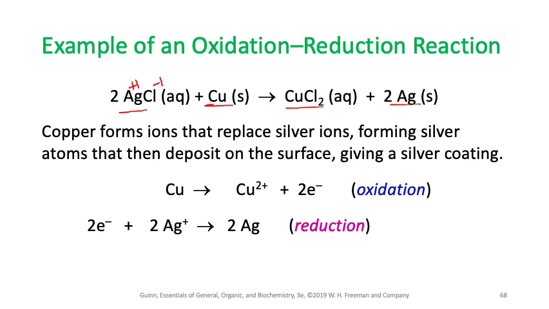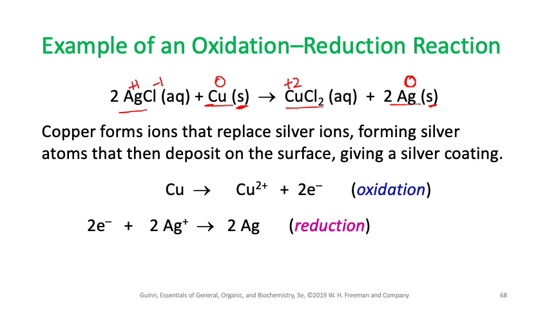Copper doesn't have any charge because it is present in solid form. After the reaction, this is also an ionic compound, copper chloride. Copper has to have a +2 charge to neutralize the chloride ions. And silver after the reaction doesn't have any charge, 0 charge, because it is present in solid form.